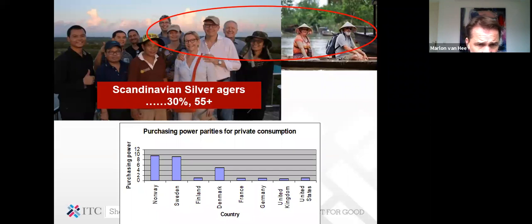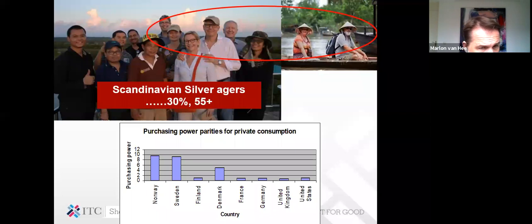In this table that you see here, Norway has the highest spending power, much higher than the UK, much higher than the United States. After Norway, it's Sweden, where people have really strong purchasing power, followed by Denmark, and on the 4th place, Finland, which actually has the lowest spending power in Scandinavia, and the Finnish purchasing power is similar to the UK and the US.